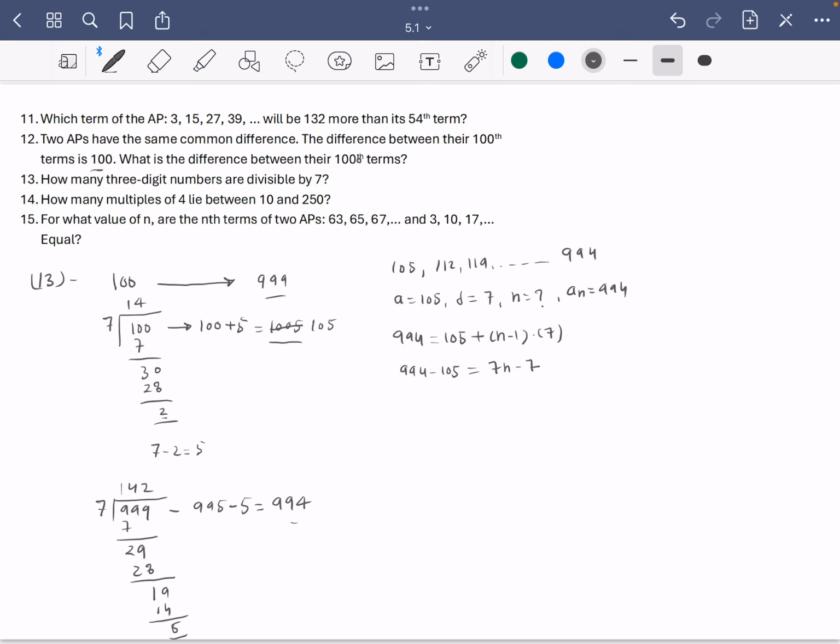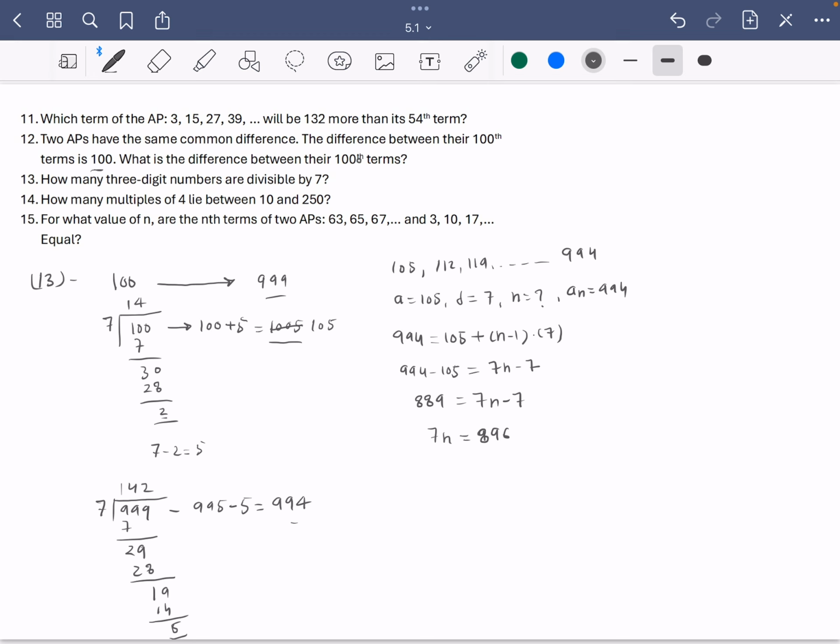994 minus 105 is 889. 7n minus 7 equals 889, so 7n is going to be 896, because I brought the 7 over and added it to 889.